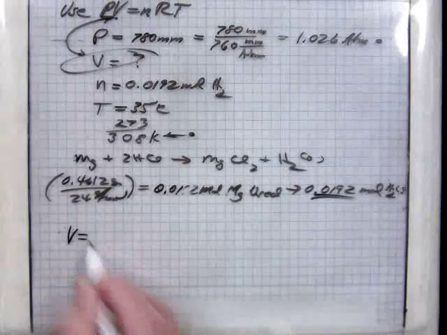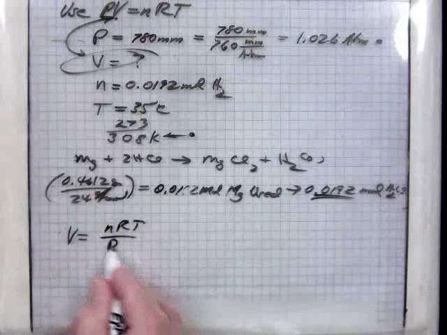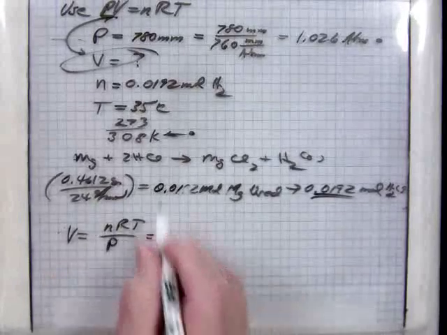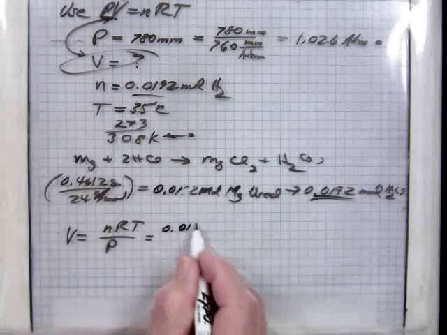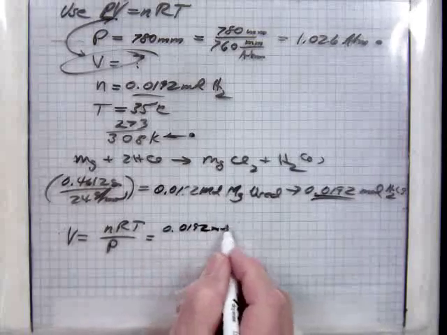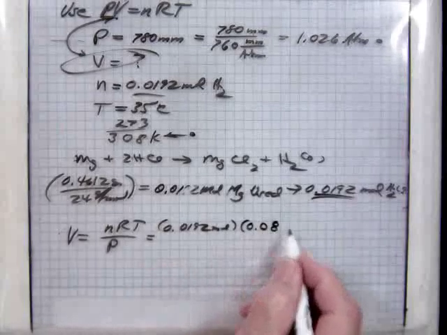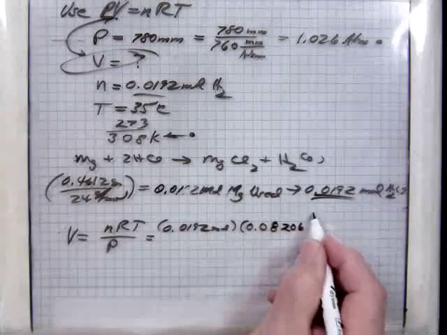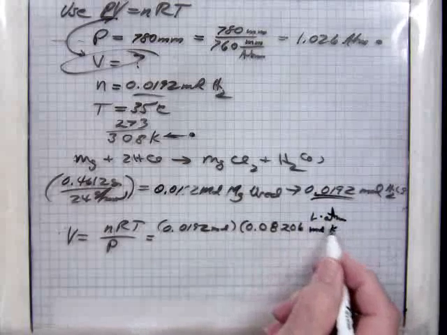So volume is nRT over P. So we have in here 0.0192 mole, 0.08206 liter atmospheres over mole Kelvin.